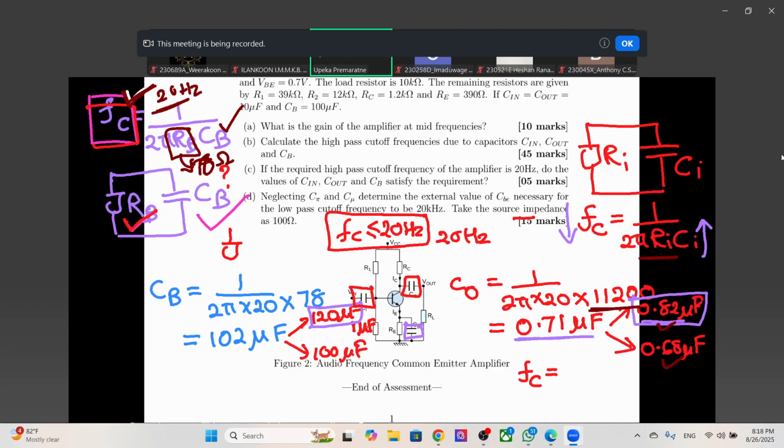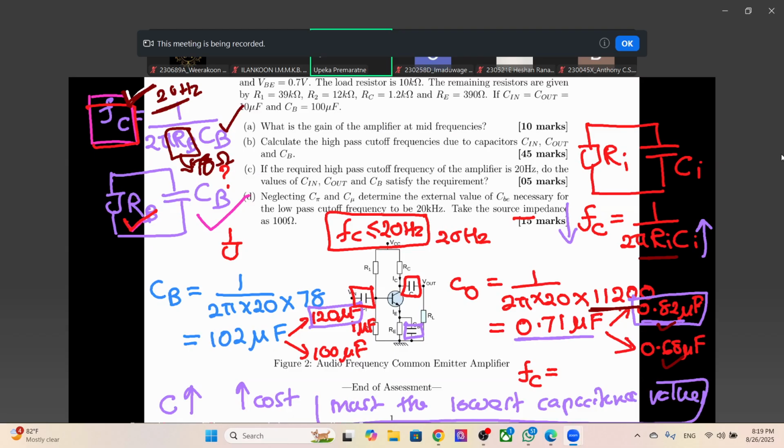And also, increased capacitance will also increase the cost. So we must choose the lowest capacitance values. This is important.